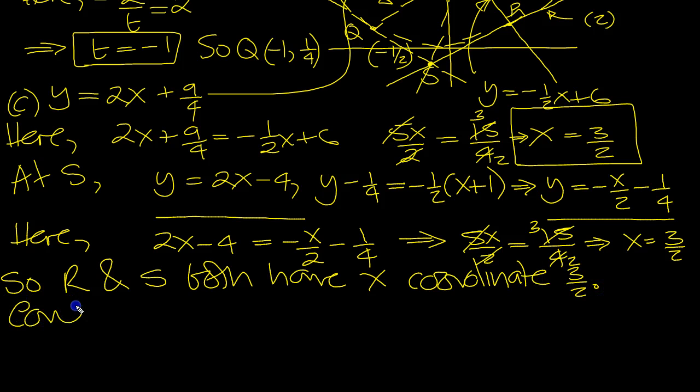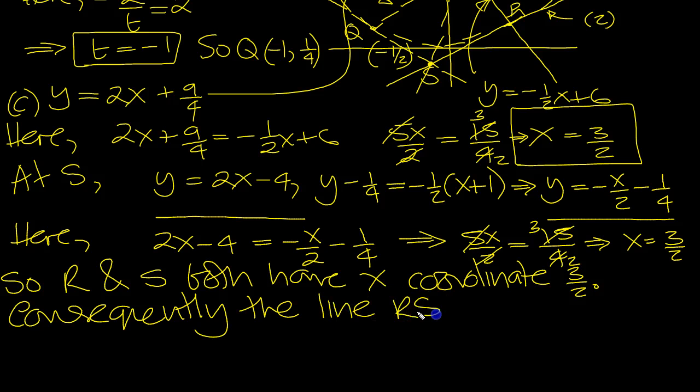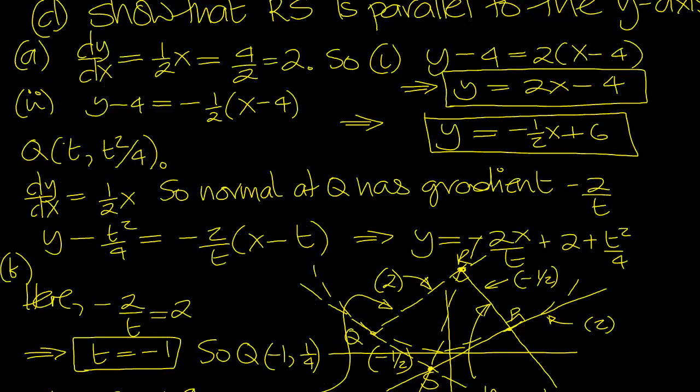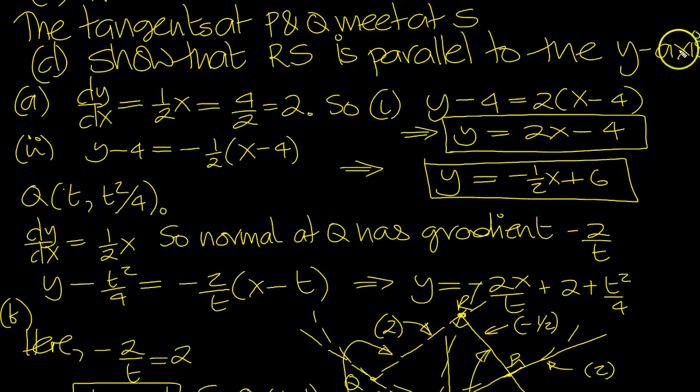Consequently, the line RS is parallel to the y-axis because they both have the same x coordinate. And that's what we wanted to show. And I think, just check, that's the end of the question. Yep. Okay, good.